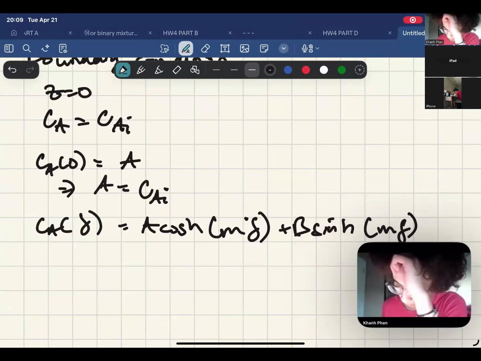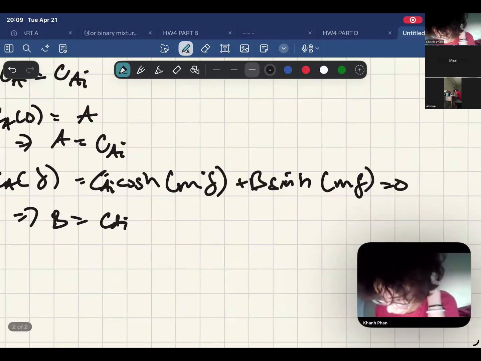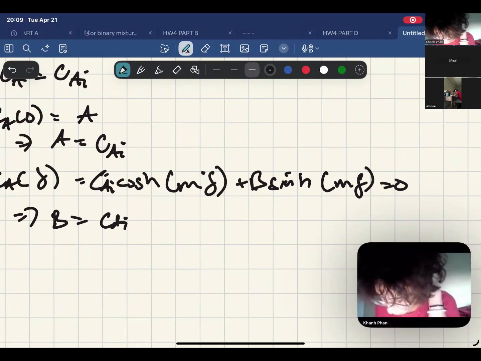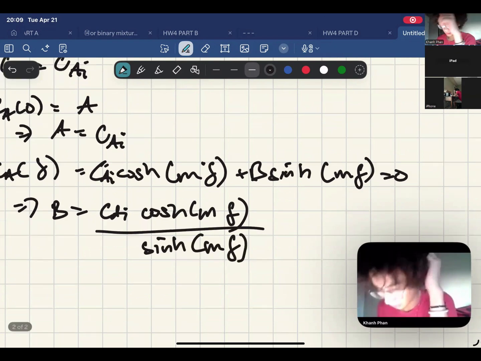Since we know A is CAi, we have B equal to negative CAi hyperbolic cosine m theta over hyperbolic sine m theta.